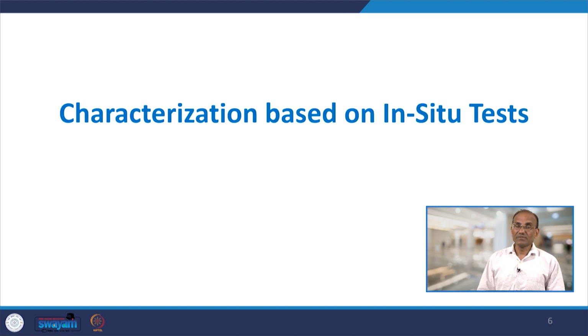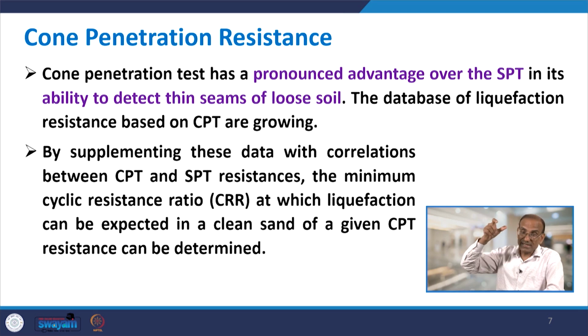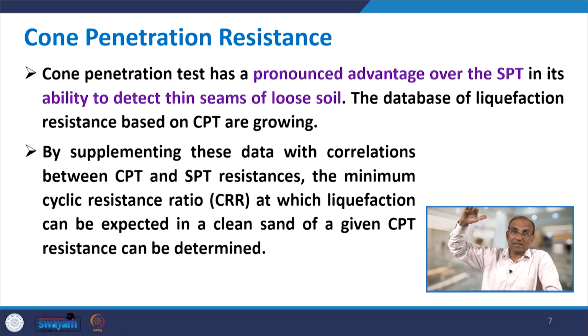So here we continue characterization based on the in-situ test. SPT is over, and we are going to discuss the CPT, which is based on cone penetration resistance. Why do people use cone penetration data instead of SPT? The important point is that in cone penetration you get a continuous curve.